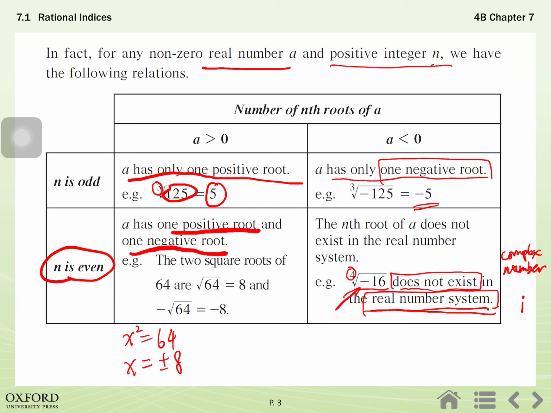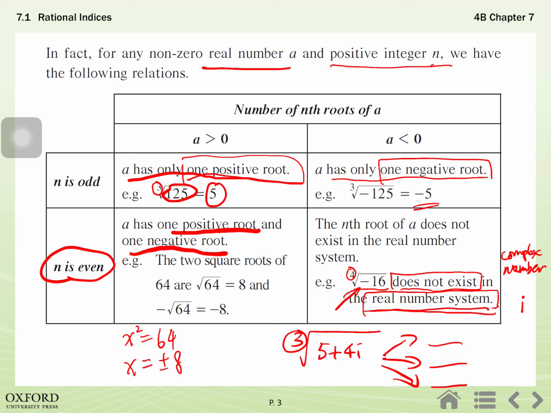And actually, there can be more than one root for this case, but we consider real numbers only. If you are given an imaginary number or complex number, and you take the cube root of it, that will actually give you 3 roots, since it is a cube root, so you must have 3 roots.